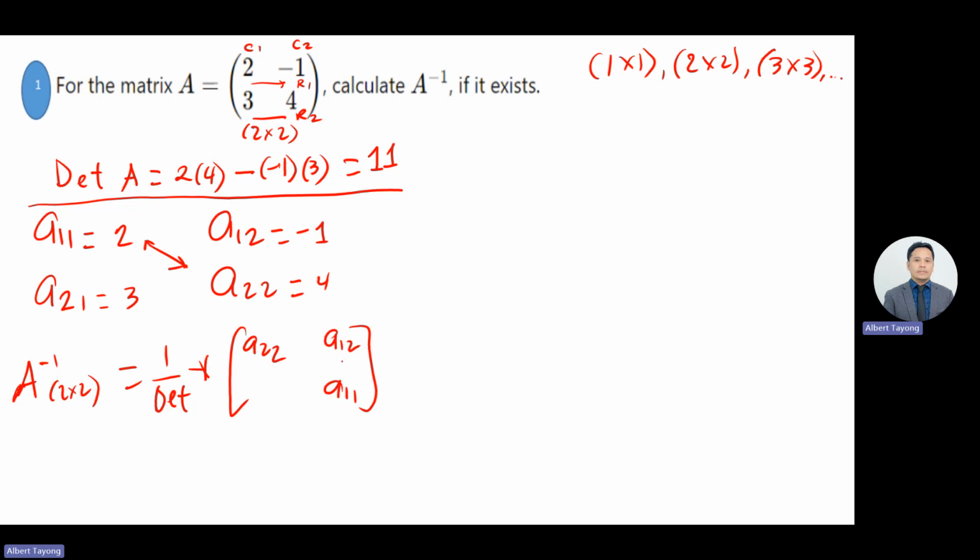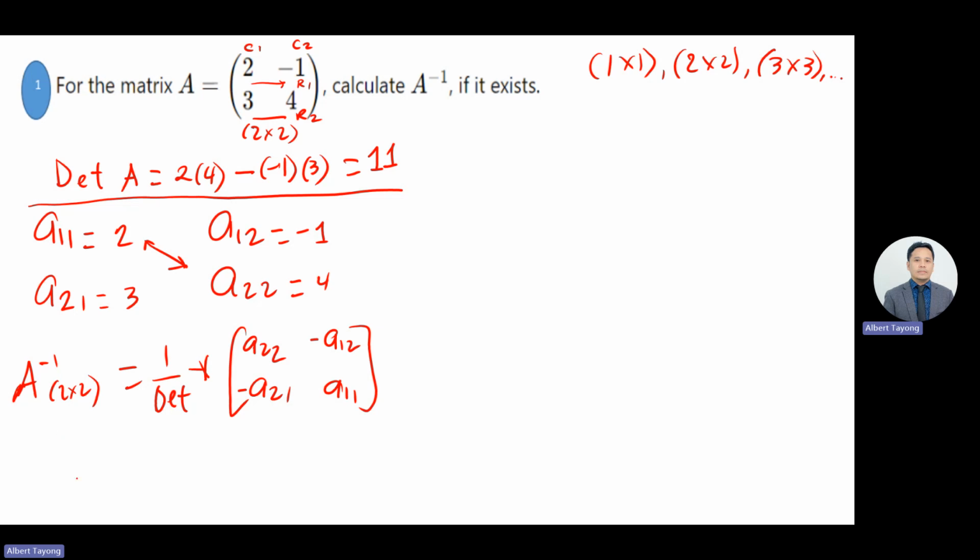A sub 12, A sub 21 will be in the same positions, but the signs here will be reversed, because we're getting the inverse. Again, we will swap A sub 11 and A sub 22, and A sub 12 and A sub 21 will be in the same positions, but we change the signs.